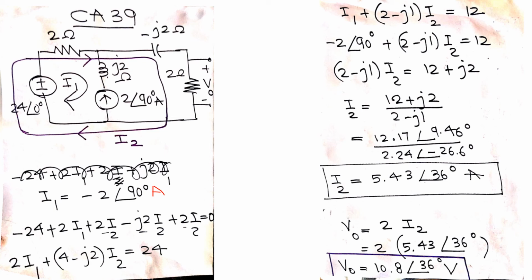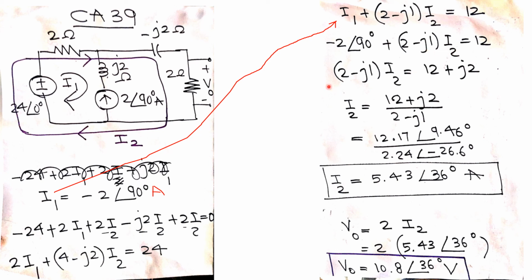We'll put the value of I1 from here, right here. So plug this value in here, minus 2 at an angle of 90, plus (2 minus j1) I2, the same thing, is equal to 12.